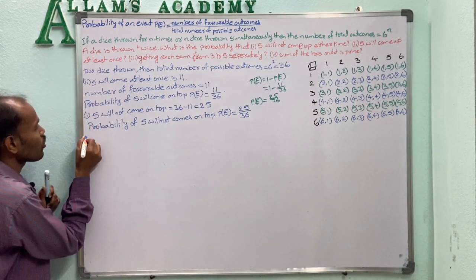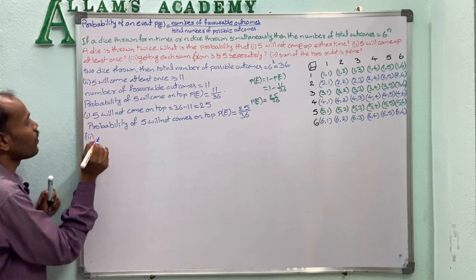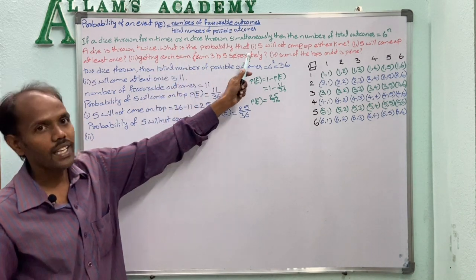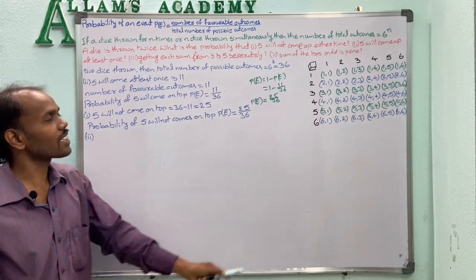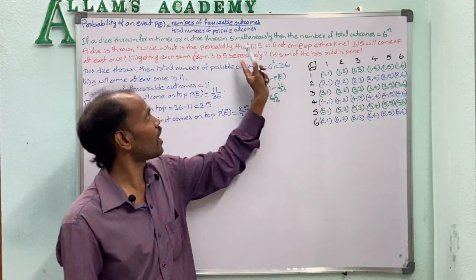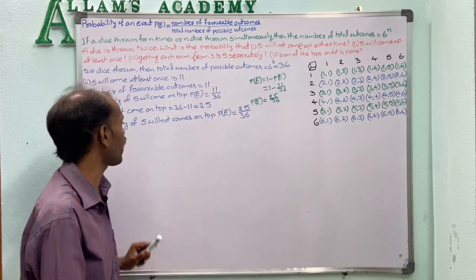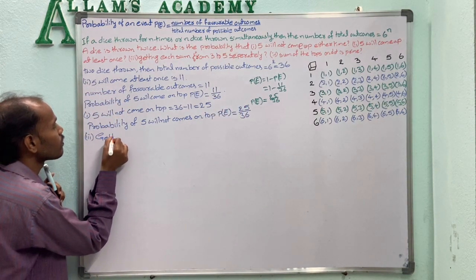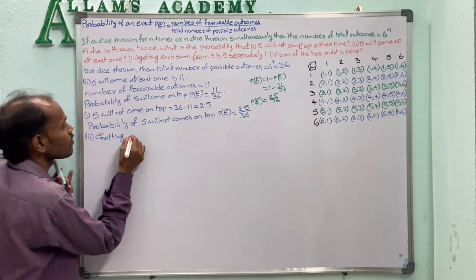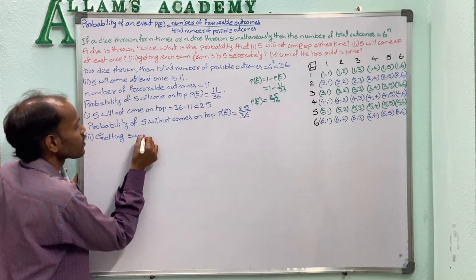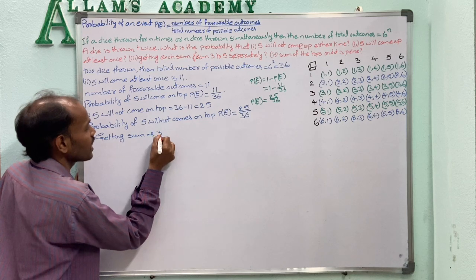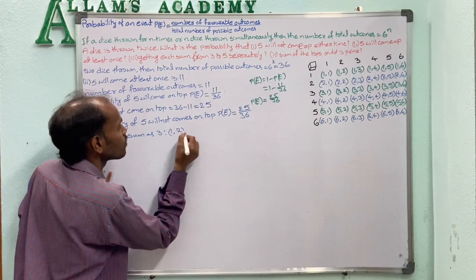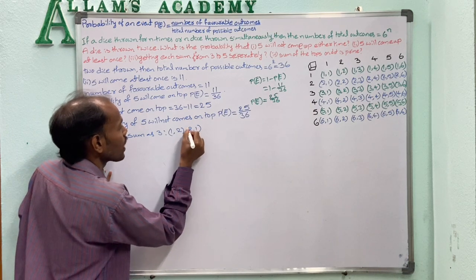Now the third question asked is getting each sum from 3 to 5 separately. So on the tops, we have to get 3, 4, 5. Getting sum as 3: 1, 2 and 2, 1.